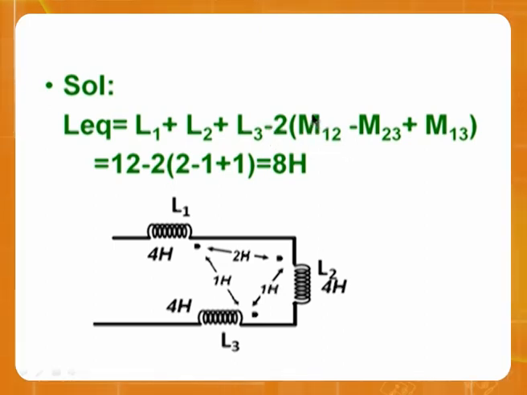That means minus 2, minus of minus becomes plus, minus of minus plus becomes minus. That means 12 minus 2 into 2 minus 1 plus 1. If you cancel 1 and 1, you will have 2. That is 4. 12 minus 4 is 8.